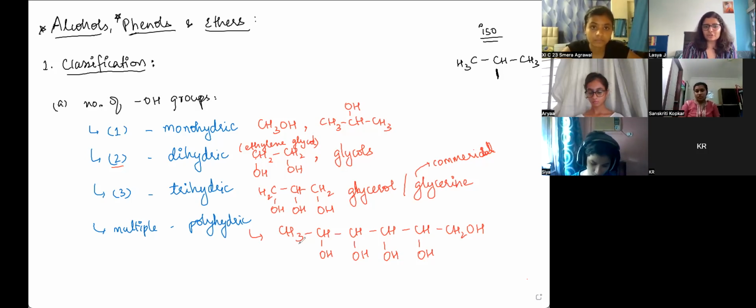Actually, there is a common compound. This is, of course, an example of this. I was looking up examples of polyhydric alcohols. If I attach OH over here also, this is called erythritol, and this is one popular artificial sweetener.